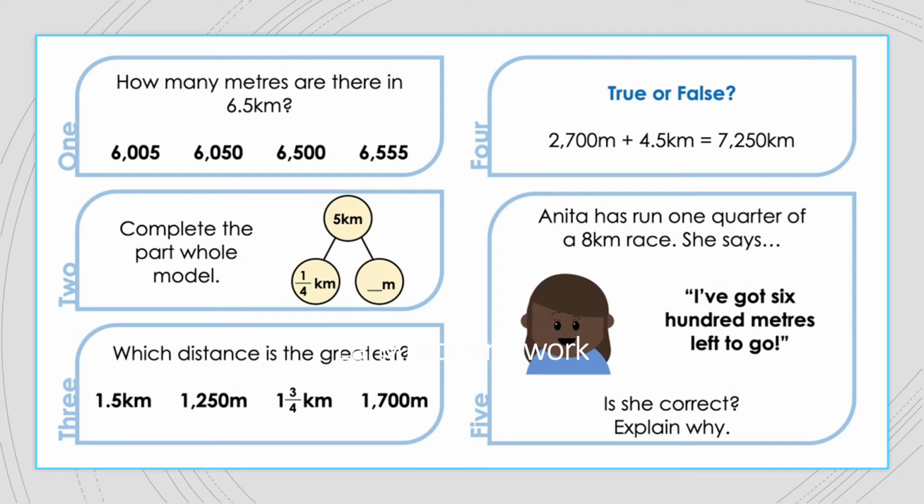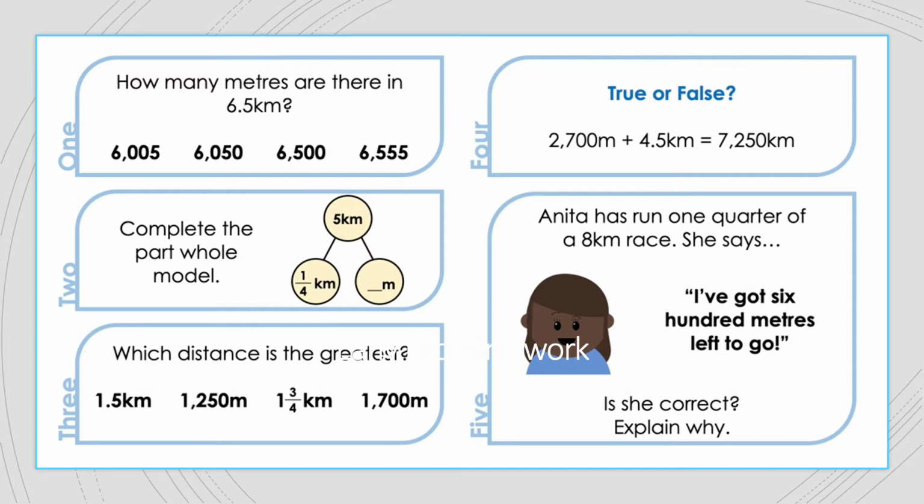Number 4. It's a true or false question. Look at the unit of measurement. You've got metres and you've got kilometres. What you need to do is change them into the same unit of measurement. What I would do is change it to metres.